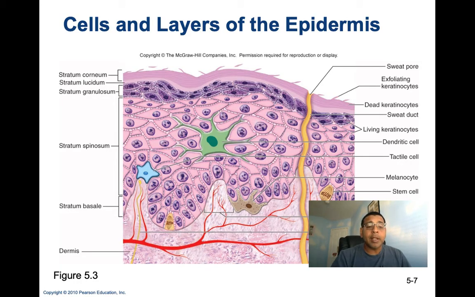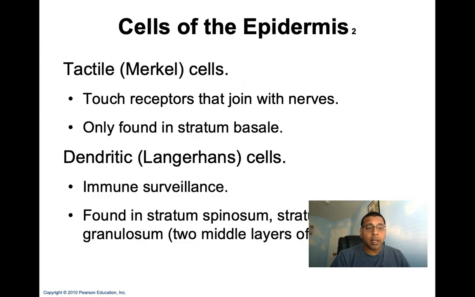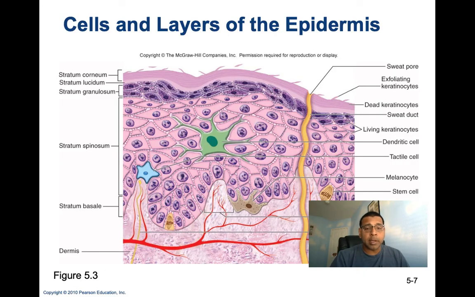Next then we have dendritic cells. Now, when we talk dendritic cells, they're also called Langerhans cells. These are described as being star-shaped cells.